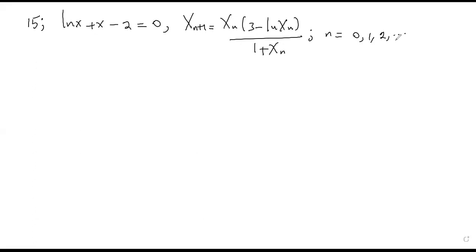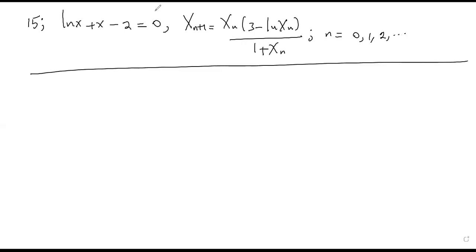I guess most of us can do that. Then let's first prove that. After that we follow the question the way it is, because afterwards we are to construct a flow chart. But let's first simplify this very fast. If we are given a function, we have that our function of x_n equals ln x_n plus x_n minus 2.